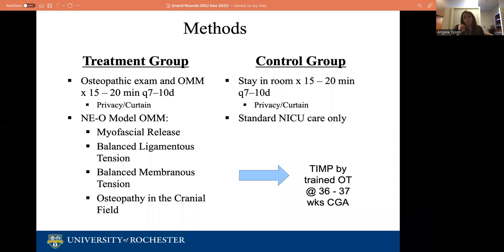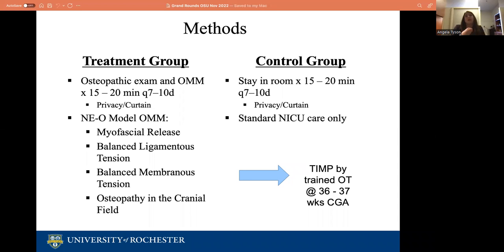And then in comes an occupational therapist who has gone through very rigorous training to know how to adequately perform this test of infant motor performance on infants, somewhere between 36 to 37 weeks corrected gestational age. She comes in, she does this sheet, she does the scoring for neuromuscular testing, and she has no idea whether they were in the treatment or the control group. She can ask the parents what they think about things because it doesn't matter. The parents don't know whether they're in the treatment or control group, and neither do the nurses.